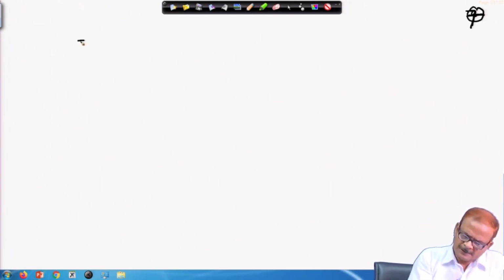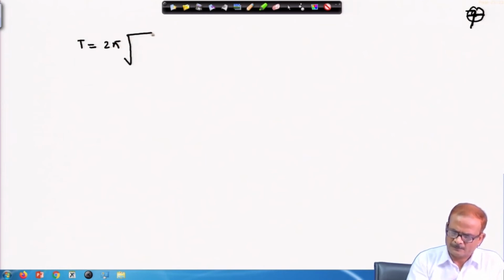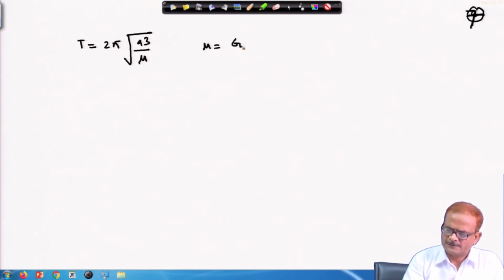So, time period here in this case will be 2 pi root of a cubed by mu, where mu is G times (m1 plus m2).